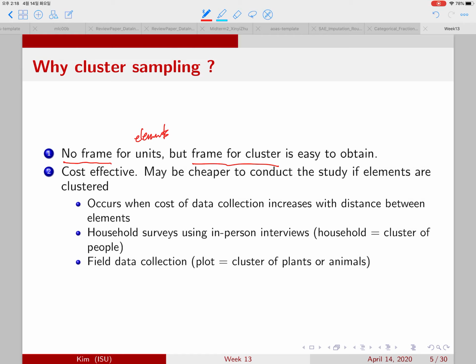Usually if you select clusters, the cost of data collection increases with the distance between the elements. So the closer, the cheaper. The second reason is probably more convenience: once we visit the household, we can ask questions of other members of the household. That is the practical reason.